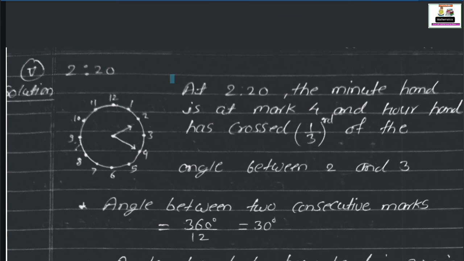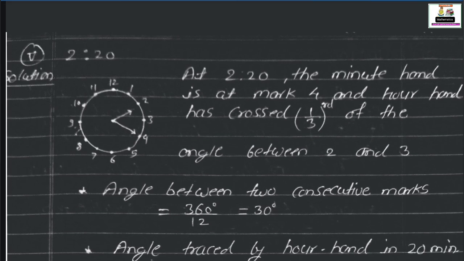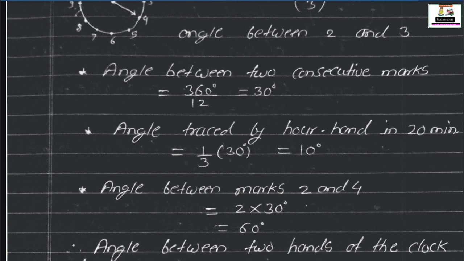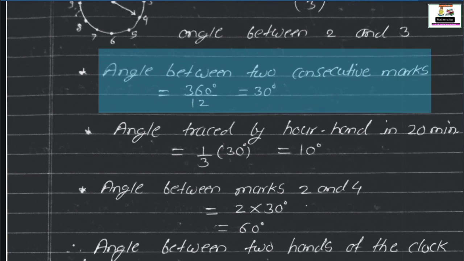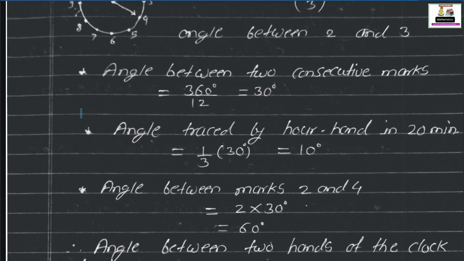Similarly, next is 2:20. Here is the solution. At 2:20 the minute hand is at mark 4 and the hour hand has crossed 1/3 of the angle between 2 and 3. Now the angle between two consecutive marks is 30 degrees.